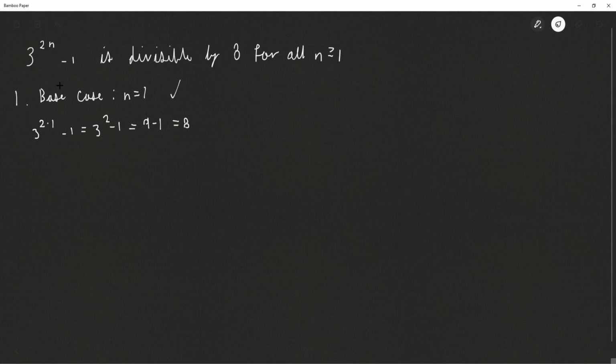And now we're going to have our second step, which is the inductive step, where we're going to assume, for some k greater than or equal to 1, that 3 to the power of 2k minus 1 is divisible by 8.